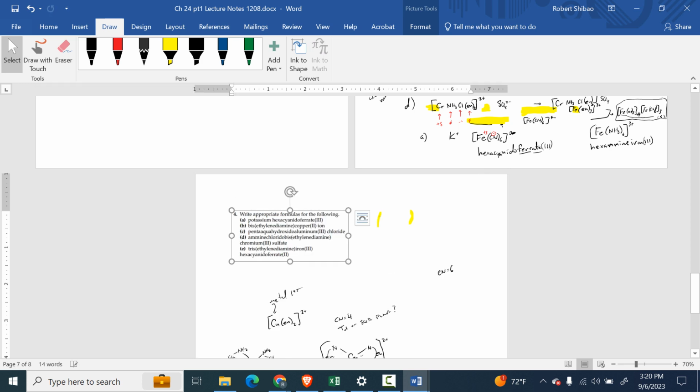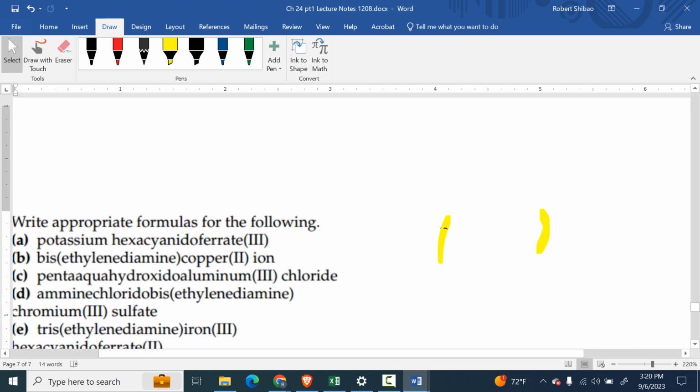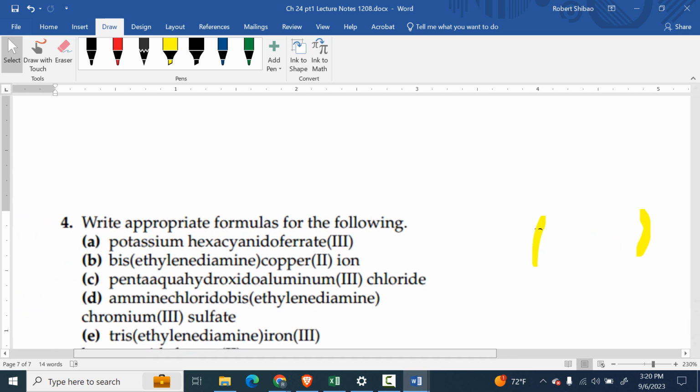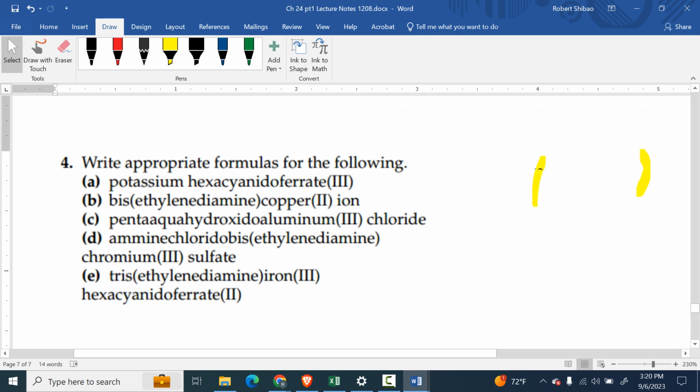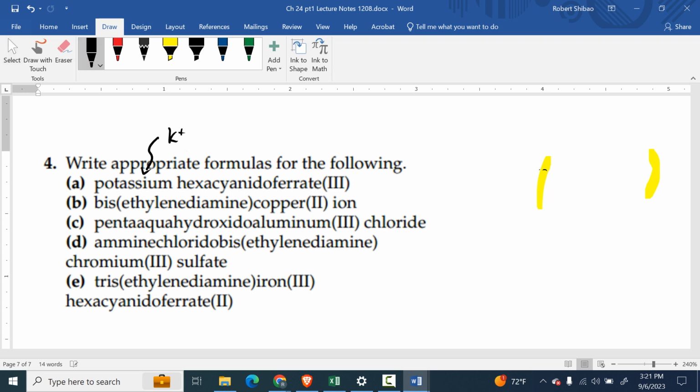So we see an ionic compound here. Potassium, is this our normal potassium ion? This is just K plus. Space anion. The anion is a complex anion.